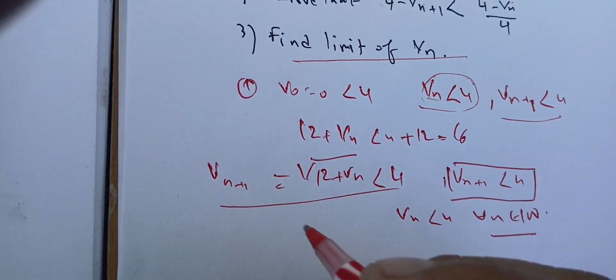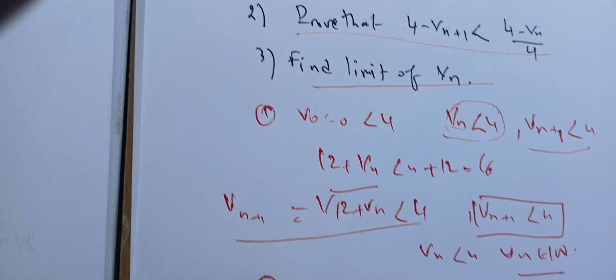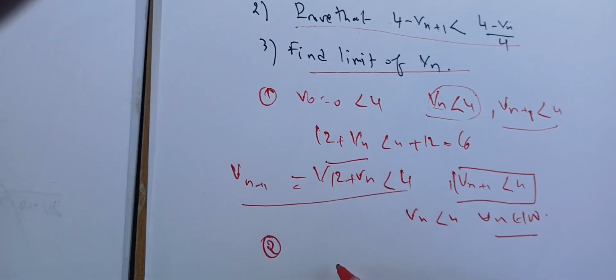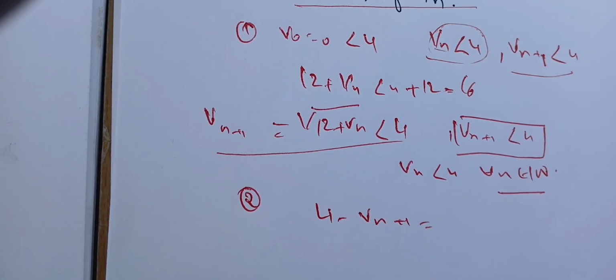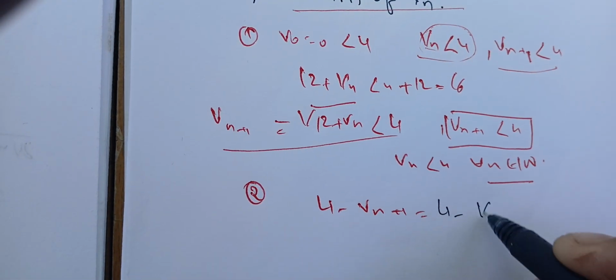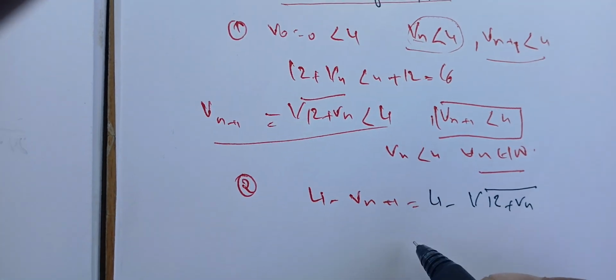The next thing we're going to do is prove this result here. This is just simple algebra. We have 4 minus Vn+1, which gives us 4 minus the square root of 12 plus Vn. We're going to use the conjugate.